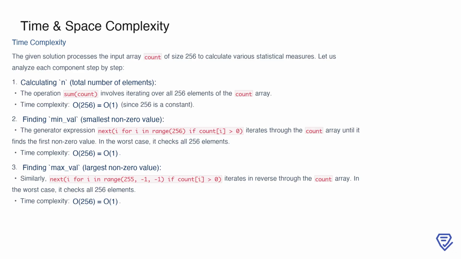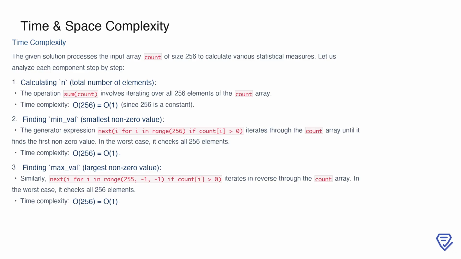In this solution, we begin by analyzing the time complexity of each operation. First, calculating n, which is the total number of elements, involves summing up all the values in the count array. Since this array always has a fixed size of 256, the operation sum(count) iterates over all its elements.